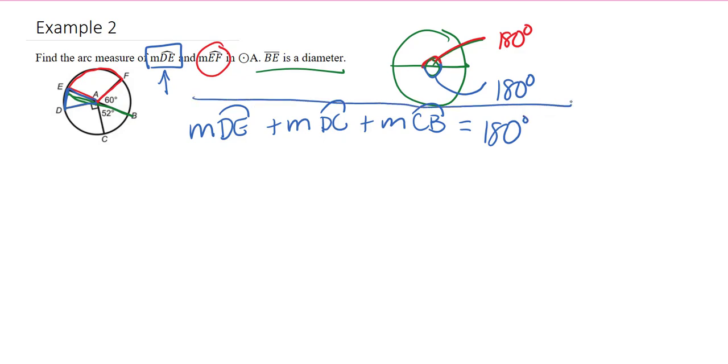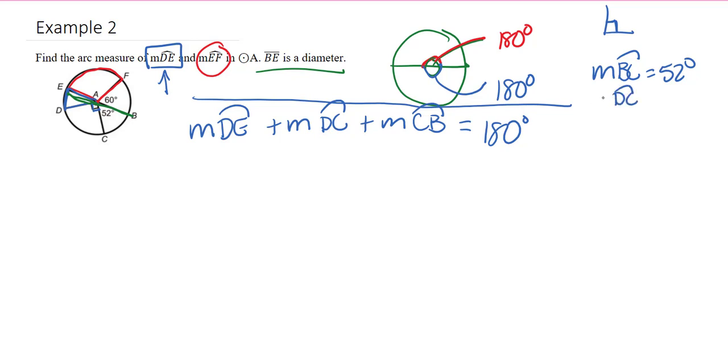But we do know a couple. We do know that this one right here, CB or BC, this arc measure is going to be 52 degrees. We know DC is 90 degrees. So anytime you see this square, a square like this, it indicates 90 degrees.